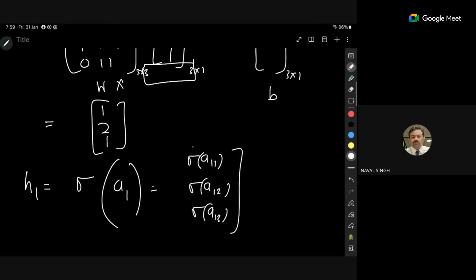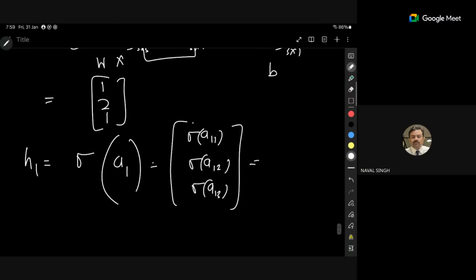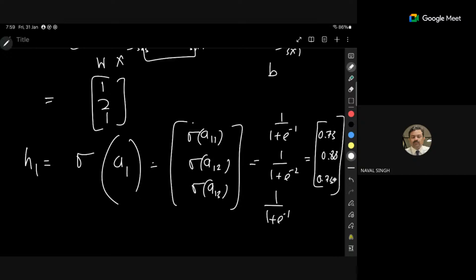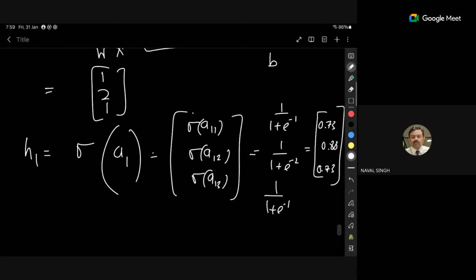These values are going to be 1 by 1 plus e to the minus 1, and the final output is 0.73, 0.88, and 0.73. This is easy, right? Understandable. I am referring to the PDF, but this is the process.